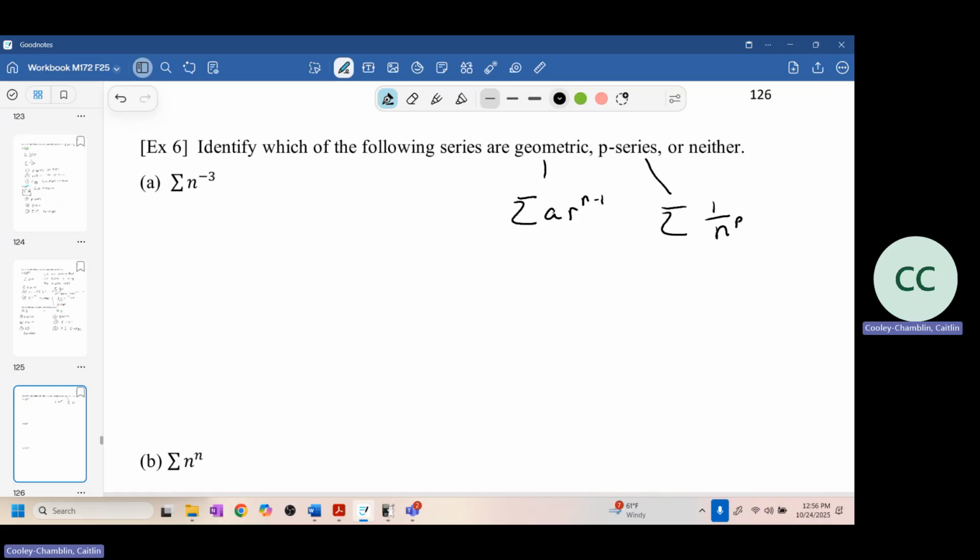So in a geometric series, my power is always changing. In a P series, my base is the one that's changing.